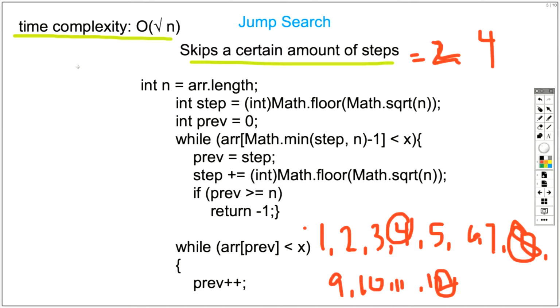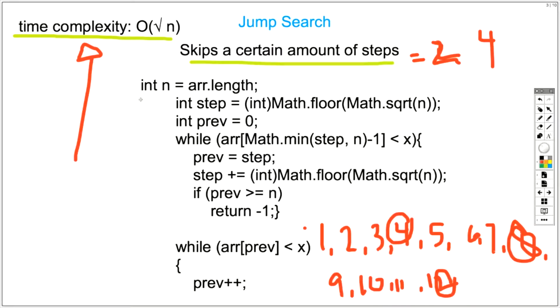So that's just how jump search works, and that's the reason why its time complexity is higher than linear, but lower than linear, and higher than binary, but in some instances this is favored over binary. So this is a good method to know.